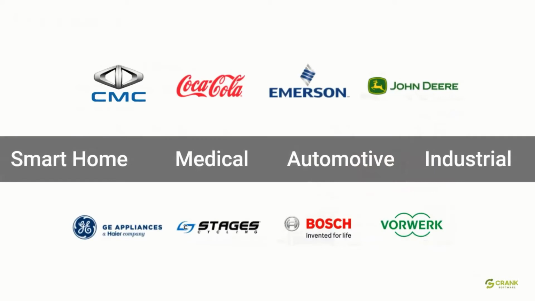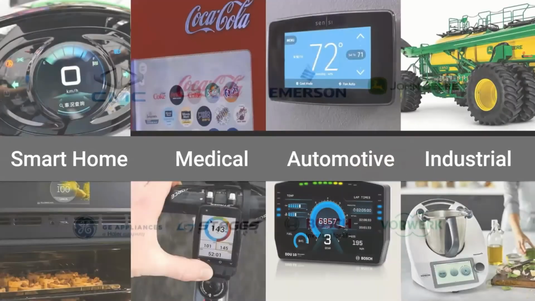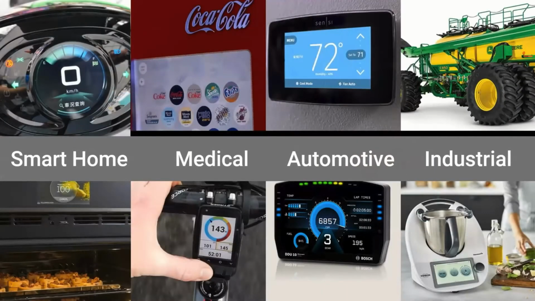For those that are new, if you've never heard of Crank Software before this presentation, I can guarantee that at some point in your modern life, you have used a product running a UI that was created using our software, Storyboard.